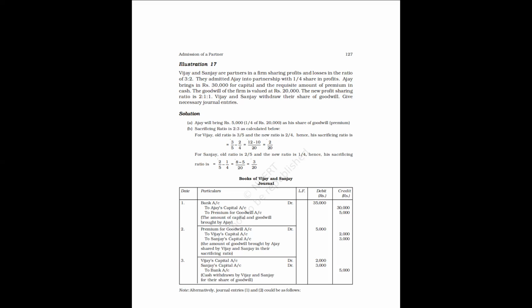So Vijay's capital account debit, the receiver, according to the personal account rule: debit the receiver. So Vijay's capital account debit, Sanjay's capital account debit to bank account. Credit what goes out.